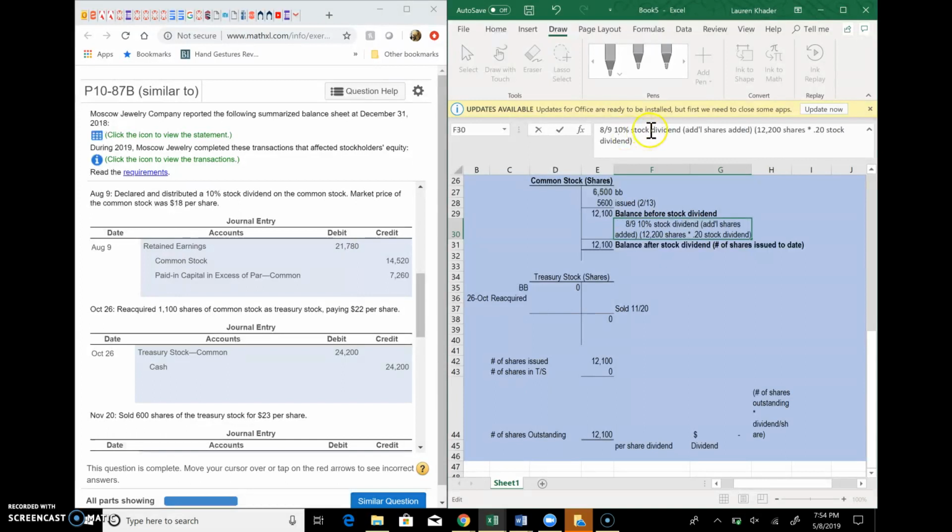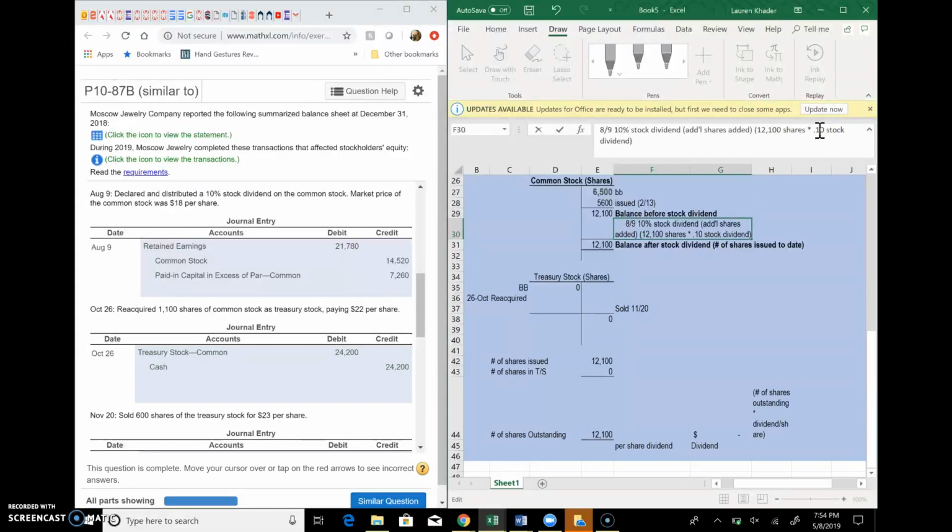A 10% stock dividend is going to add an additional 10% of the shares that are currently issued and outstanding. So currently there are 12,100 shares outstanding, which is above, and they're issuing a 10% stock dividend.